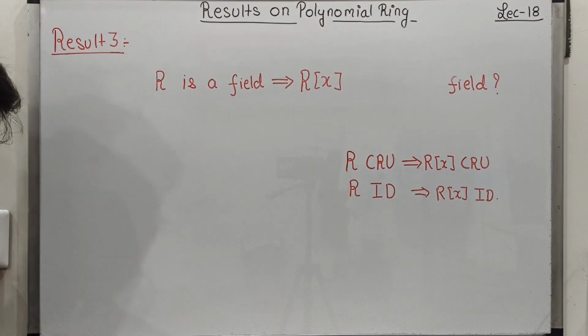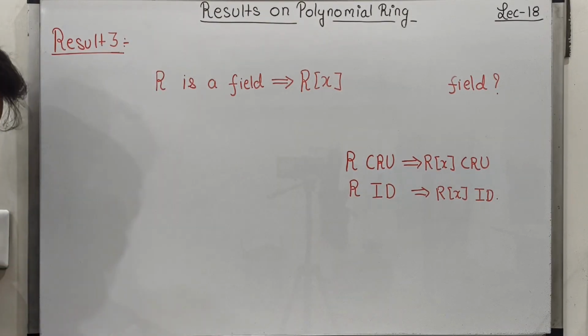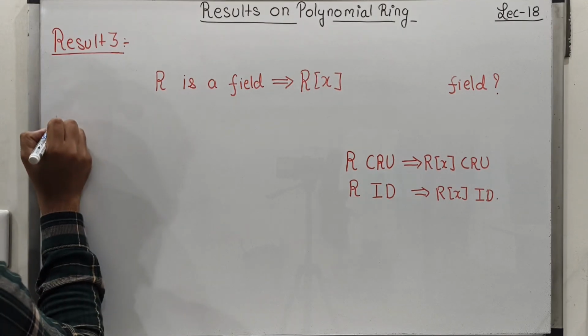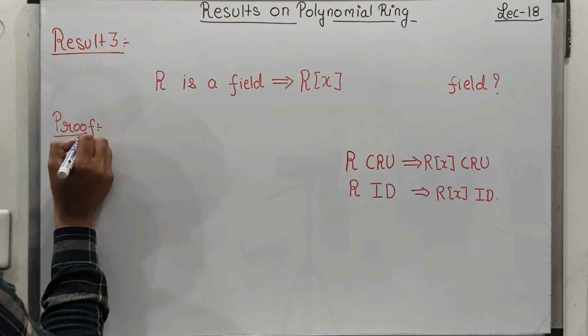So we are going to first see the proof, then we are going to write the result. So I am just first explaining the proof.